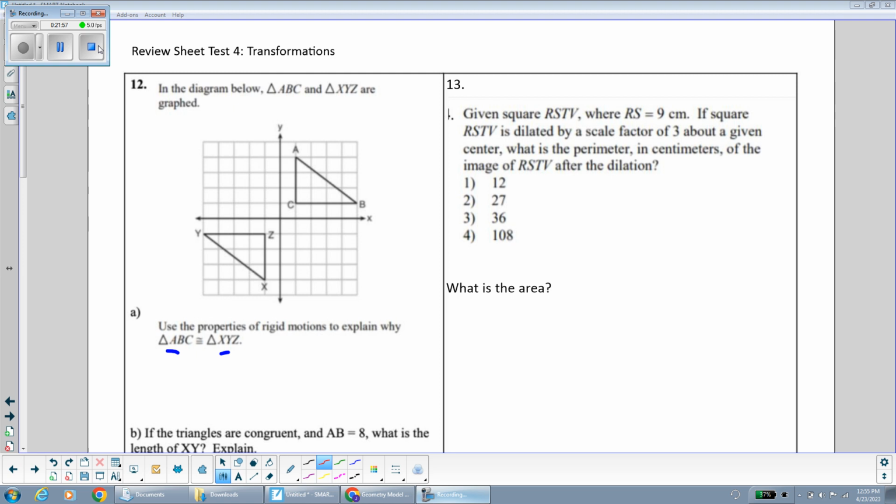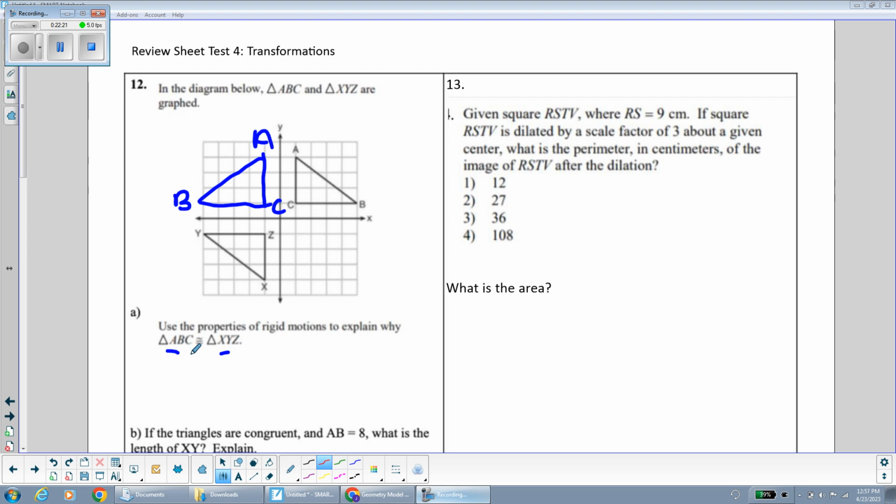What happened here? The way that I thought of it, and there's multiple ways to think of it, I'm sure you could do it with a rotation as well, but I thought of it as two reflections to get from one to another, a reflection over the y-axis and then a reflection over the x-axis, and that would match point A up with point X, point C up with point Z, and point B up with point Y, like it tells us in the naming that it should be.